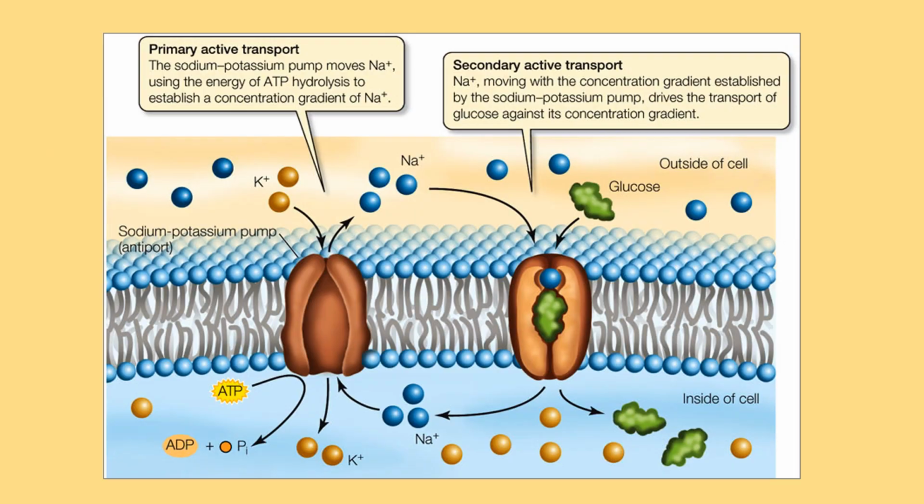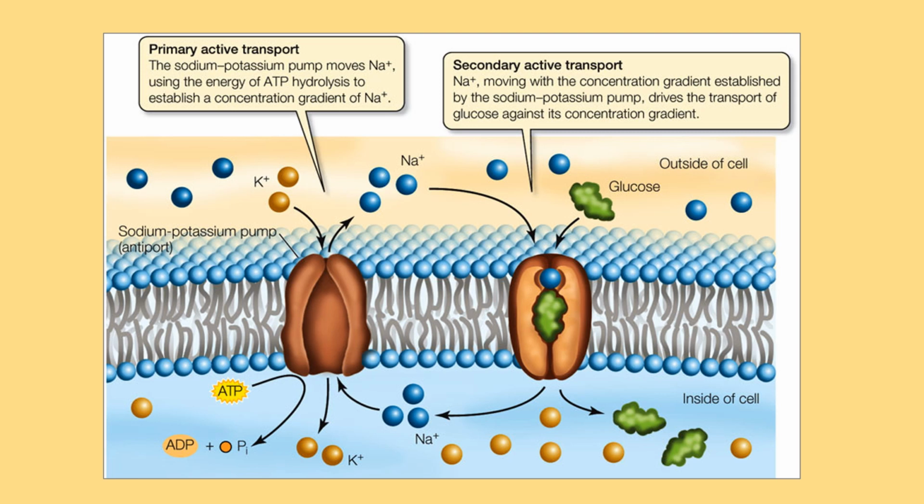Here we see 2 different transmembrane proteins, and they are both involved in active transport. The membrane protein shown on the left is involved in primary active transport, and the membrane protein shown on the right is involved in secondary active transport. Let's start with what we already know, where we already understand, I hope, primary active transport.